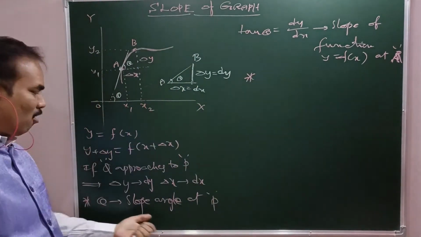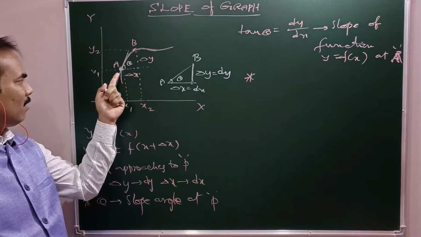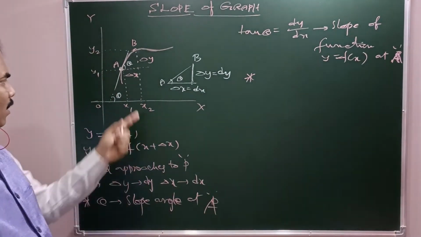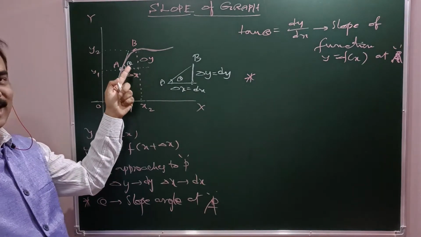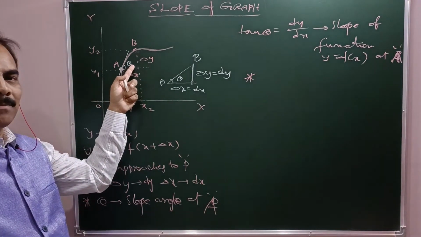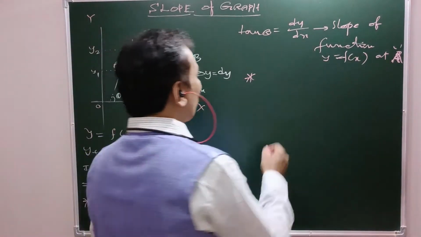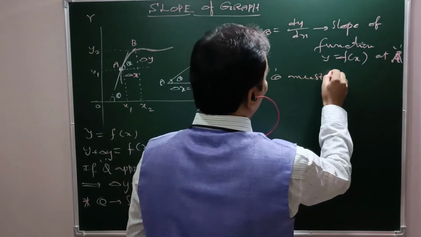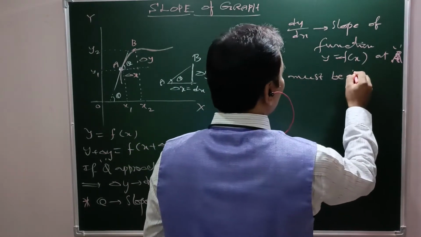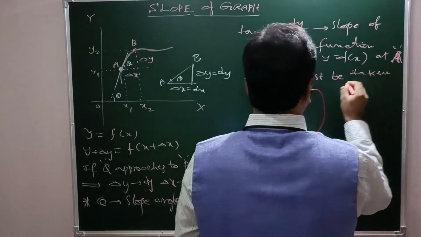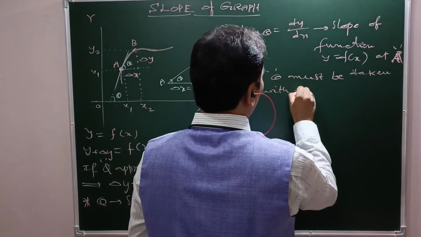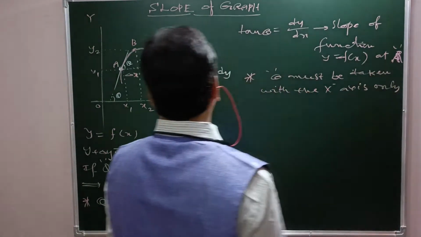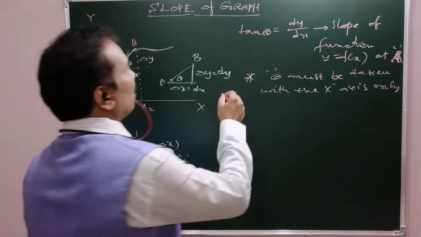Theta means the slope of the tangent drawn at point A. Now, one condition is there: in assigning the angle, theta must always be taken with the positive x-axis only. So this is the slope.